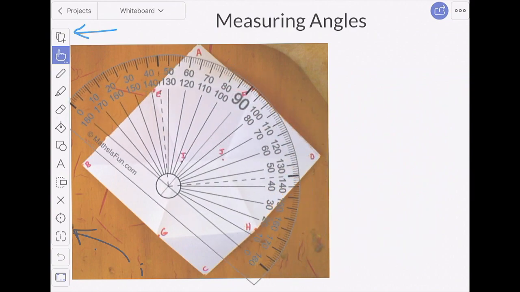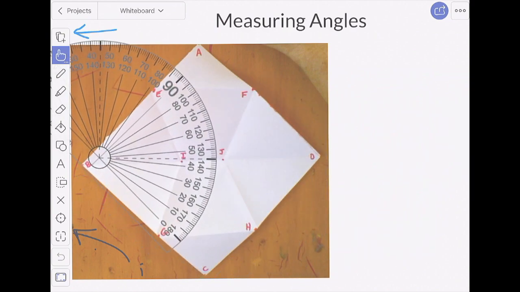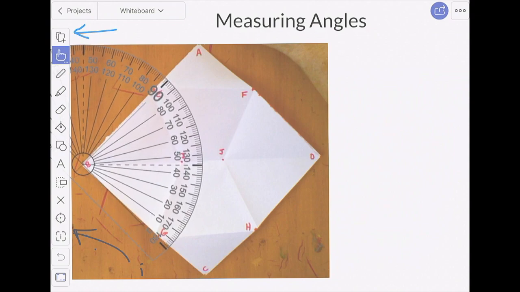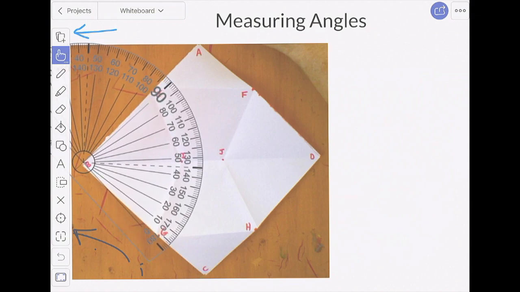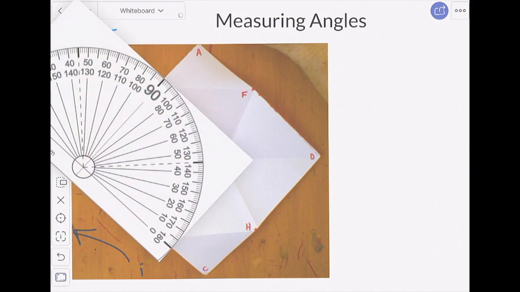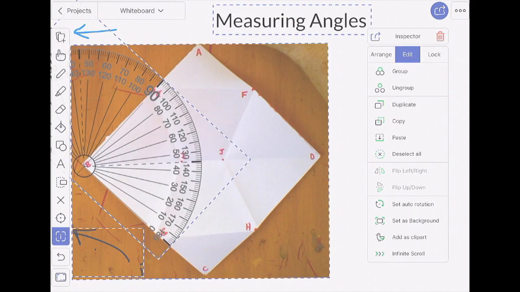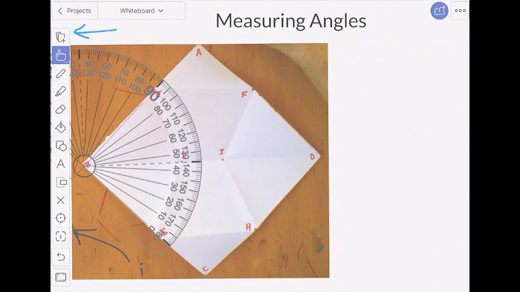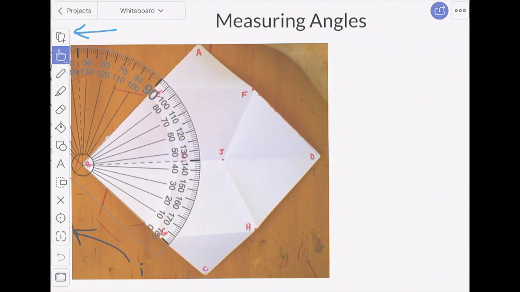Let's go with angle B. To measure angle B, put the target of the protractor right on the vertex, and you want to rotate it so that the side of the protractor where it says 0 degrees is lined up with the side of the angle that you're trying to measure.